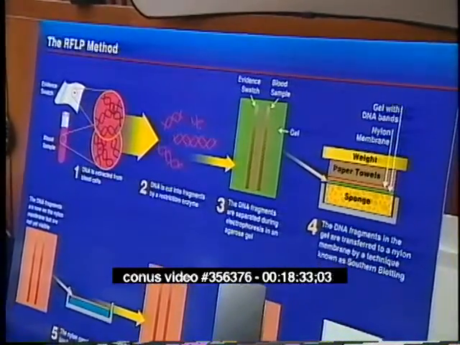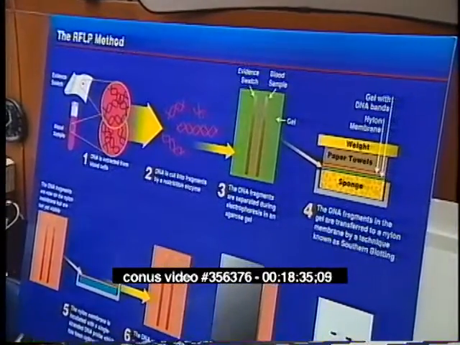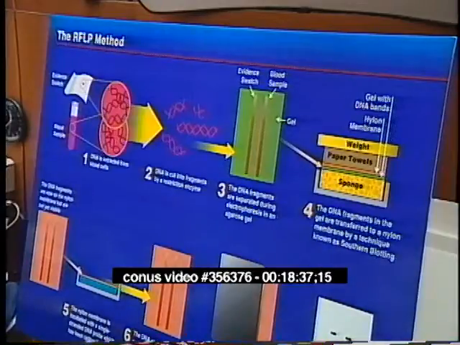All right, Dr. Cotton, with regard to this diagram then, could you utilize this diagram and the drawing you've previously made to describe how this RFLP typing method actually works?